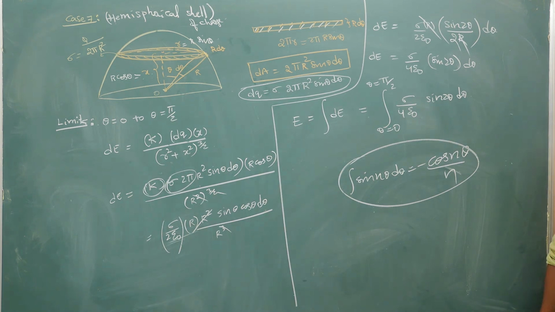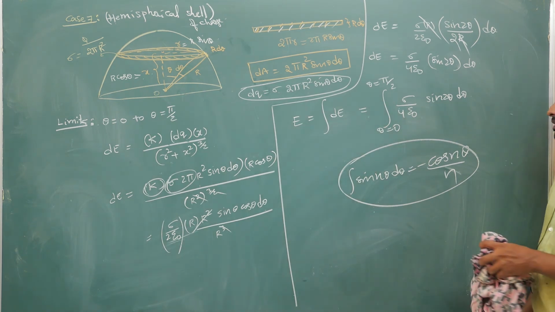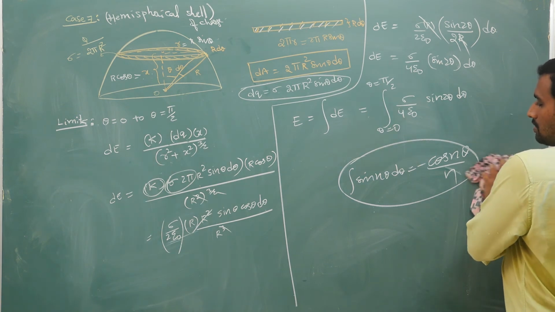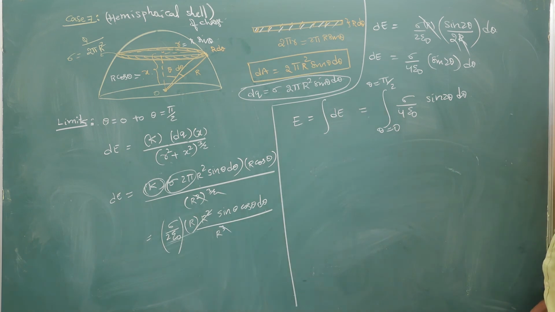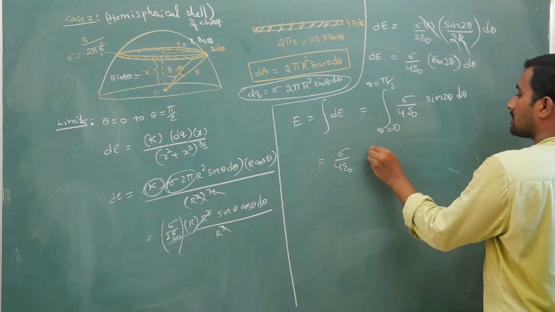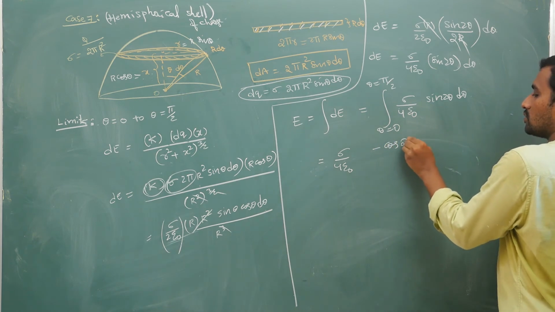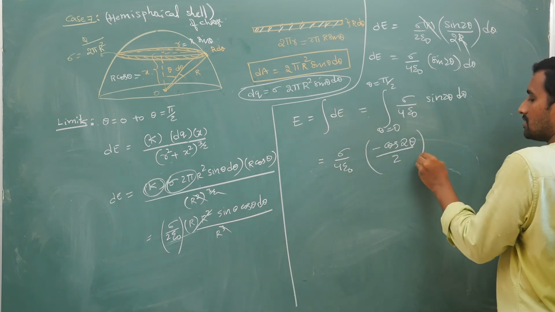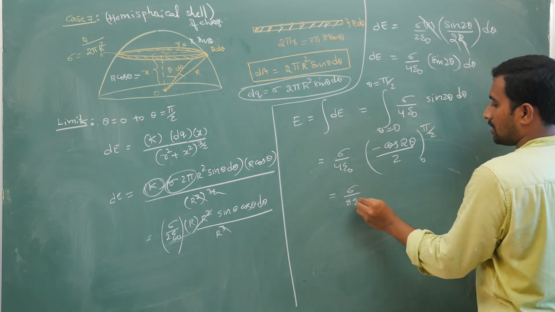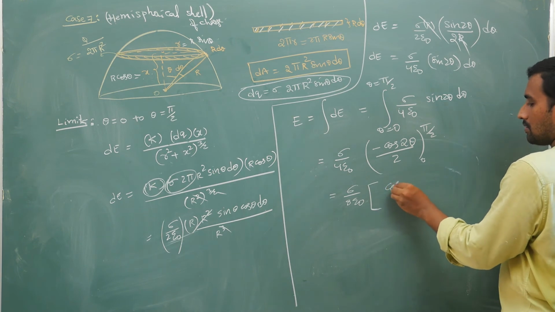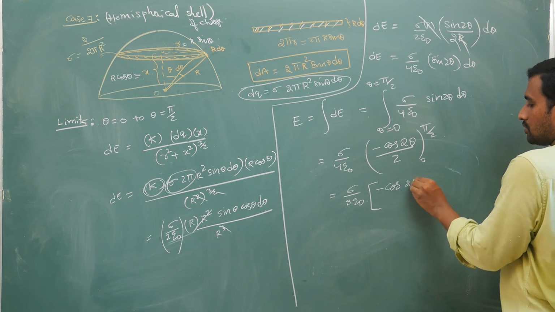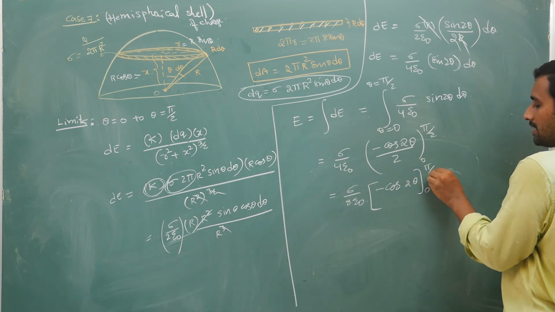So according to that formula, minus cos n theta becomes minus cos 2 theta here, so that will give you sigma by 4 epsilon naught times minus cos 2 theta by 2 from 0 to pi by 2. So sigma by 8 epsilon naught times minus cos 2 theta from 0 to pi by 2.